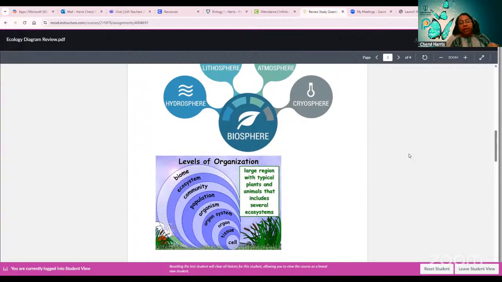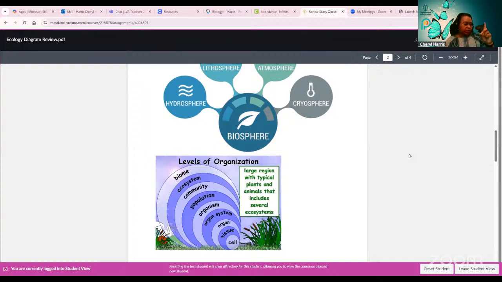All right, in our ecosystem, we start with an organism, which is one kind of living thing. If we put a lot of that one kind together, then we have a population of that one kind. Now you need to know the definition of these, and when we do the first worksheet, we're going to look at differentiating one from the other.